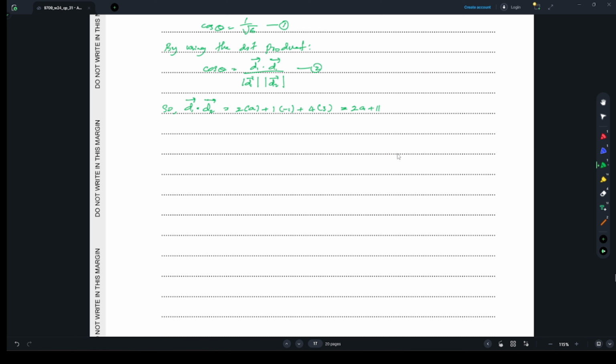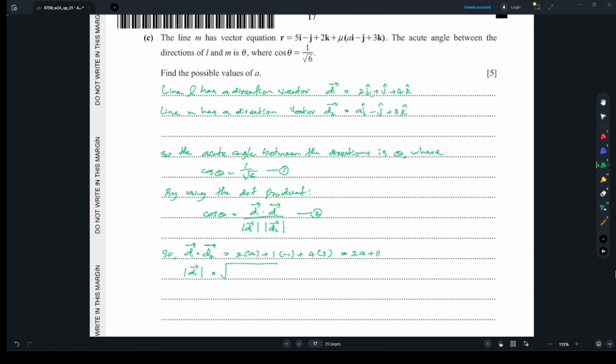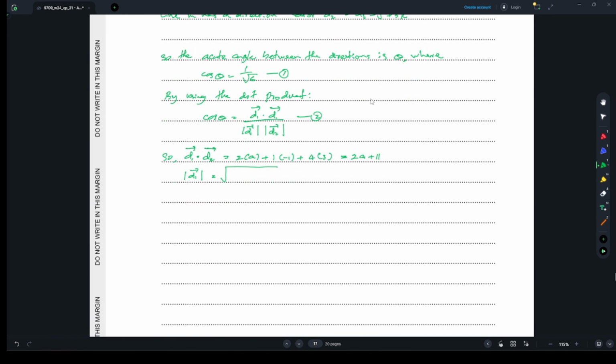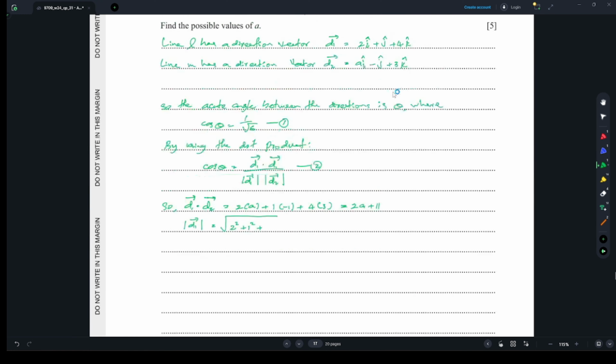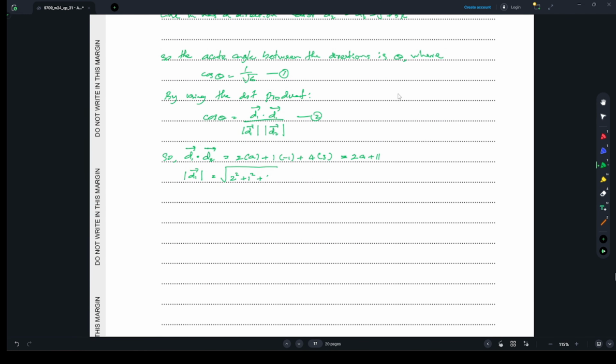Done. And then you need the modulus. So it's easy. You have to take the square root of the summation of the squares of the components. So 2 squared plus 1 squared plus 4 squared. So you will receive 21.